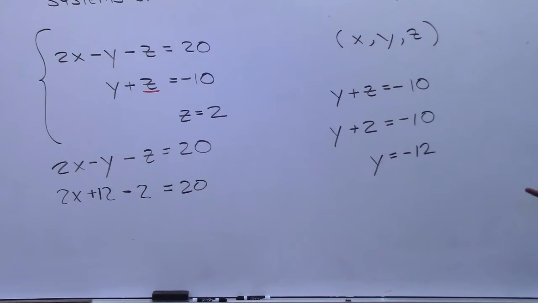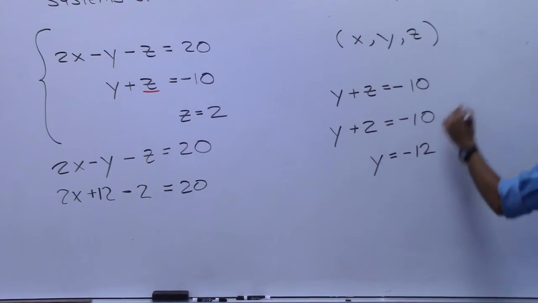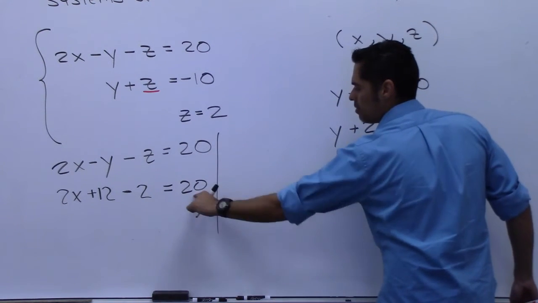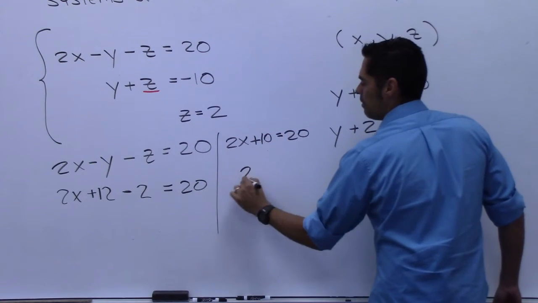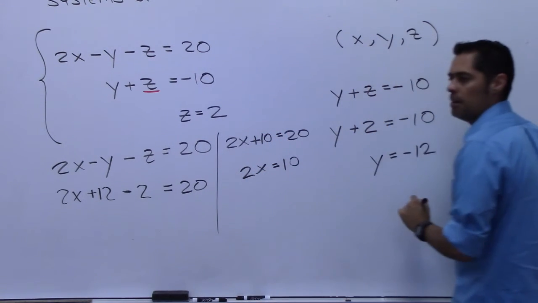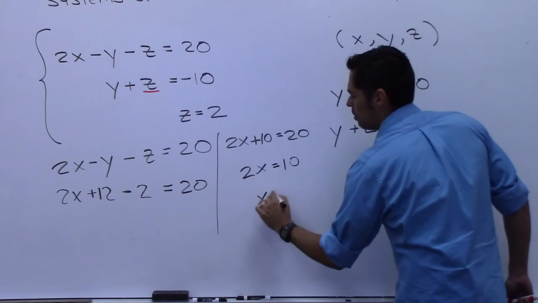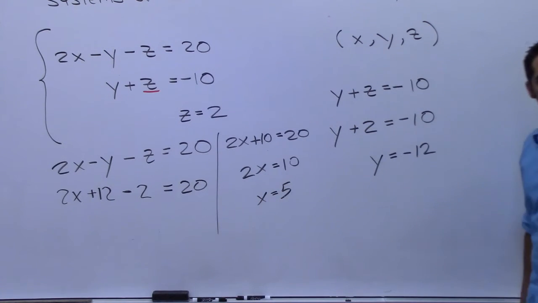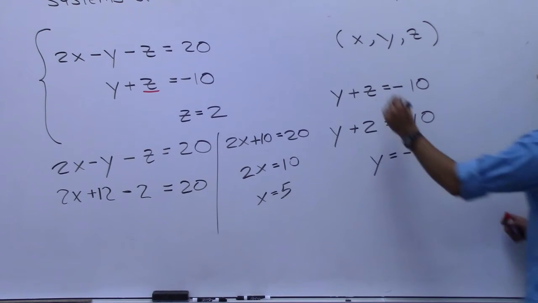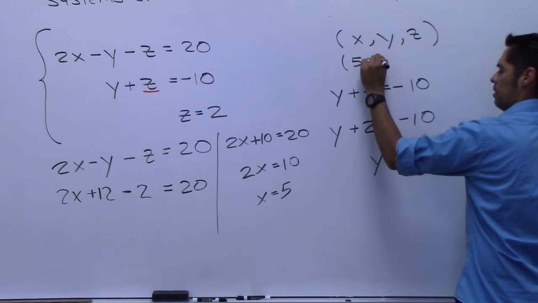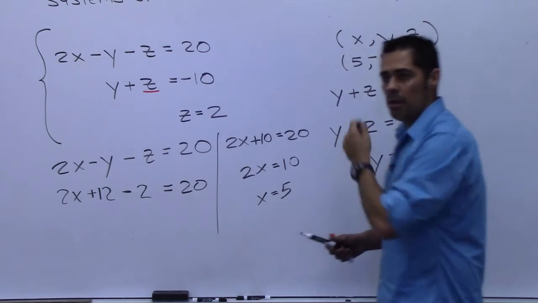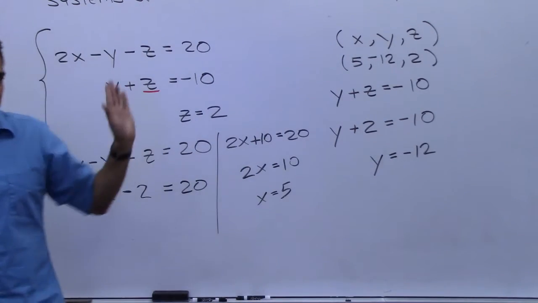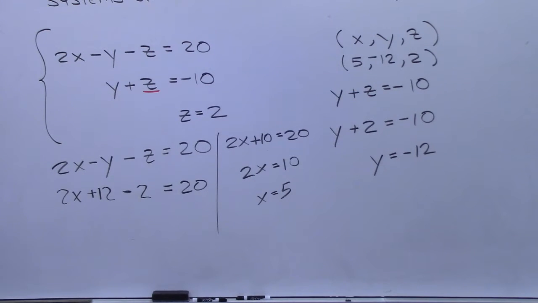So 2x plus 10 equals 20. Subtract 10 from both sides, 2x equals 10. Divide by 2, you get 5. So this is the point (5, negative 12, 2). The order matters, just like x before y, this has to be x, y, then z. So these three planes hit each other at a single point.